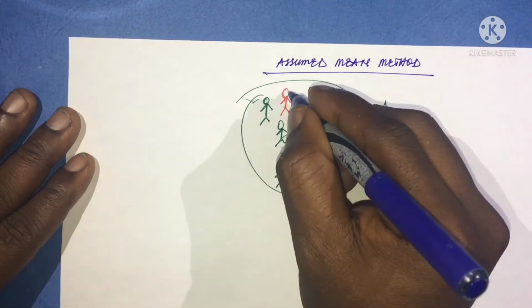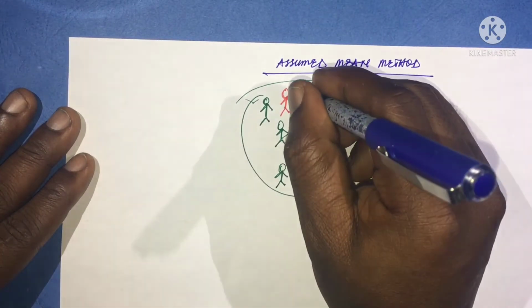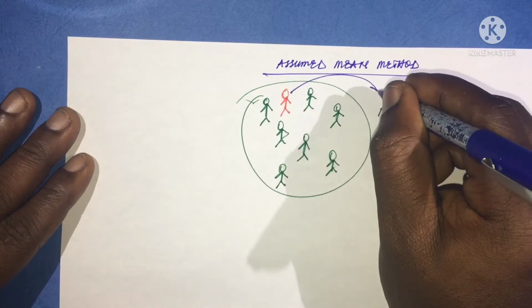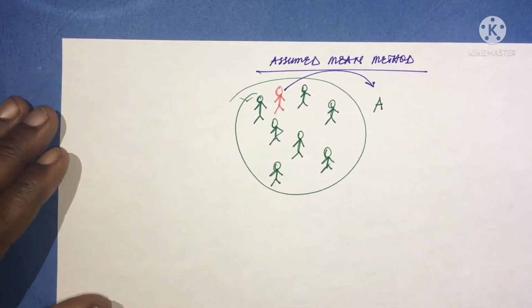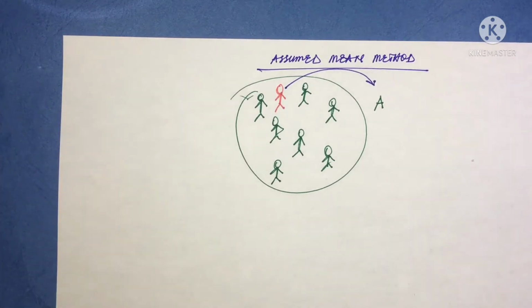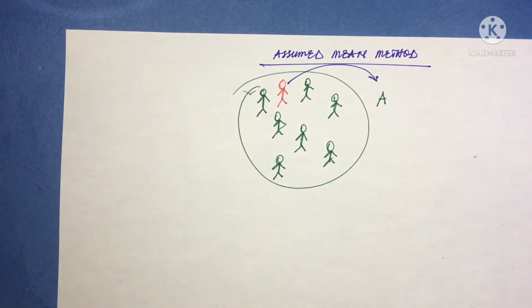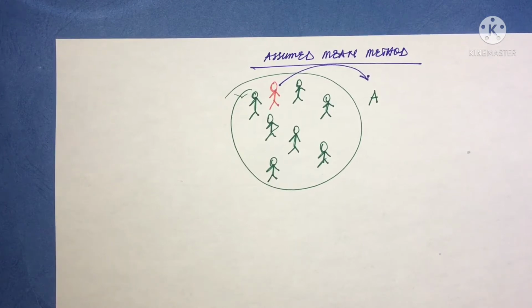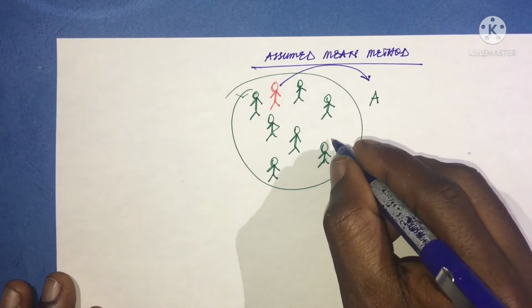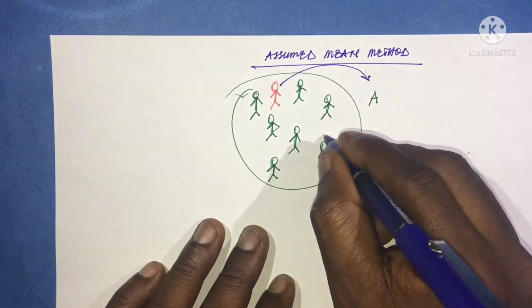So this guy is the actual arithmetic mean, but if it so happens that this guy falls sick and is unable to attend to the matters of the group in terms of representing them, it is very possible that we may end up choosing from this data set another person.